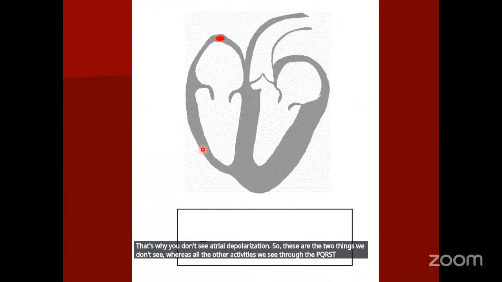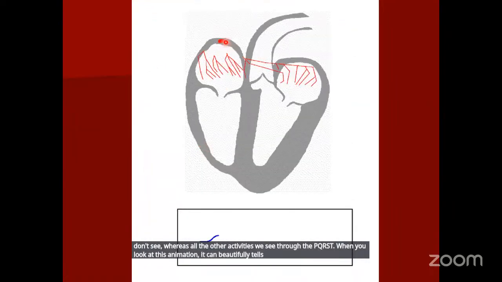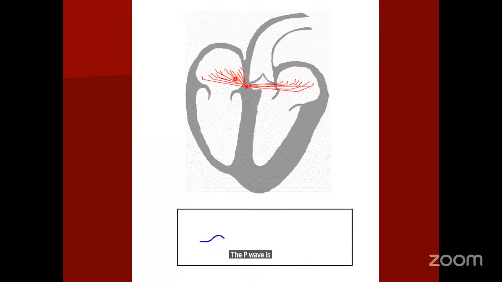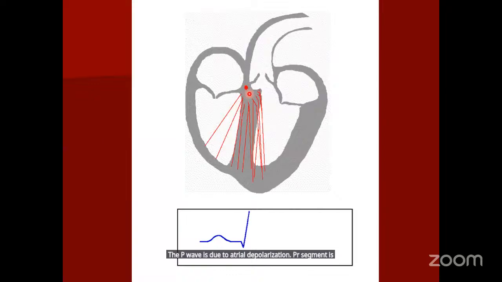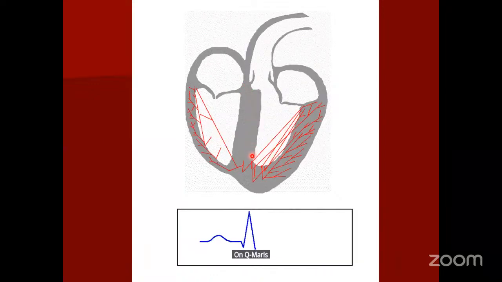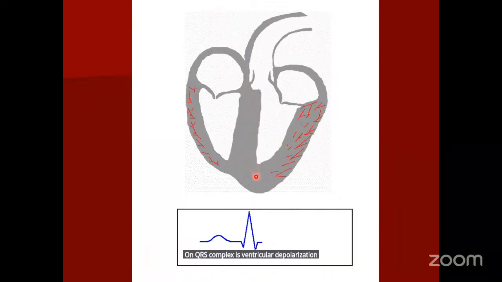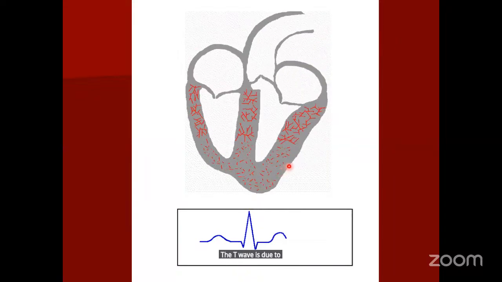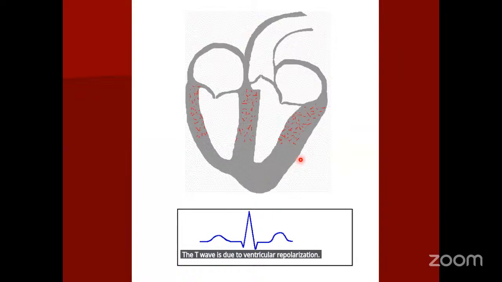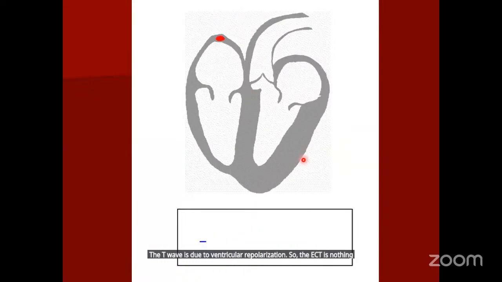When you look at this animation, it beautifully tells you the P wave is due to atrial depolarization. PR segment is AV nodal delay, and QRS complex is ventricular depolarization. The ST is the gap, and the T wave is due to ventricular repolarization. So the ECG is nothing but 3 waves and 3 lines.